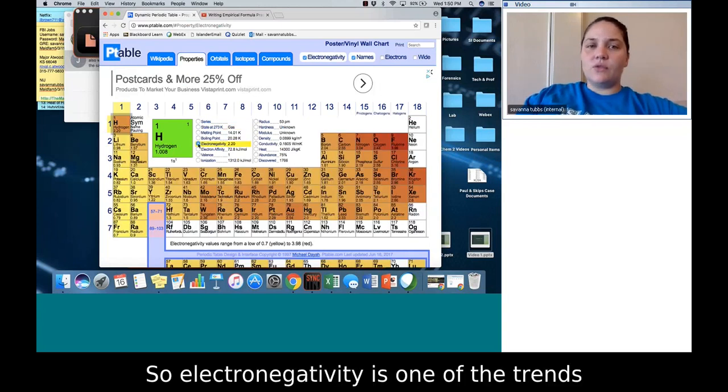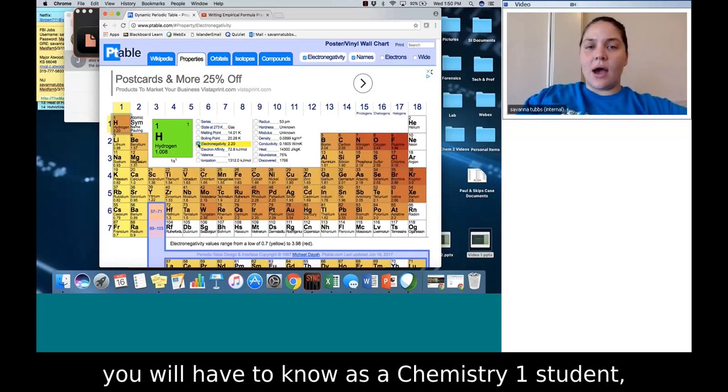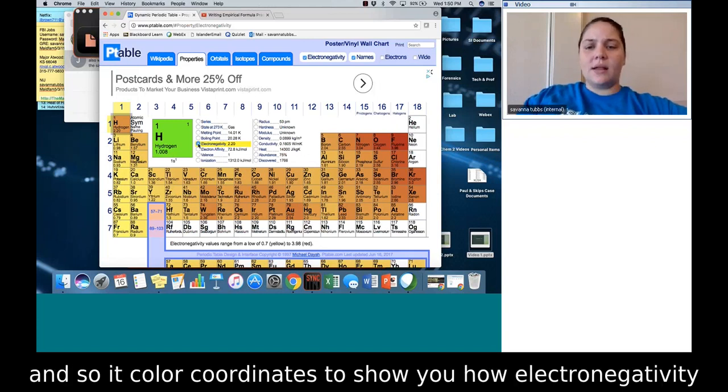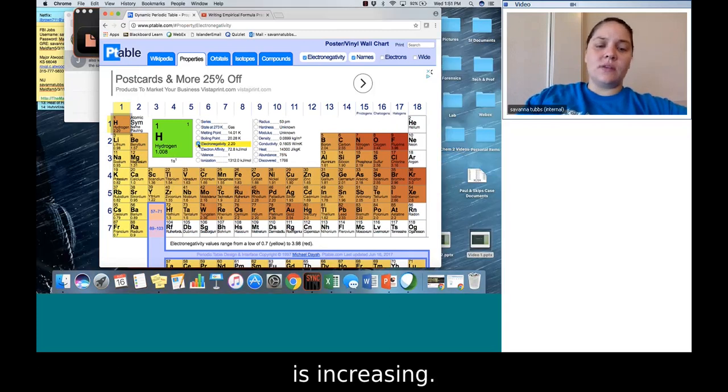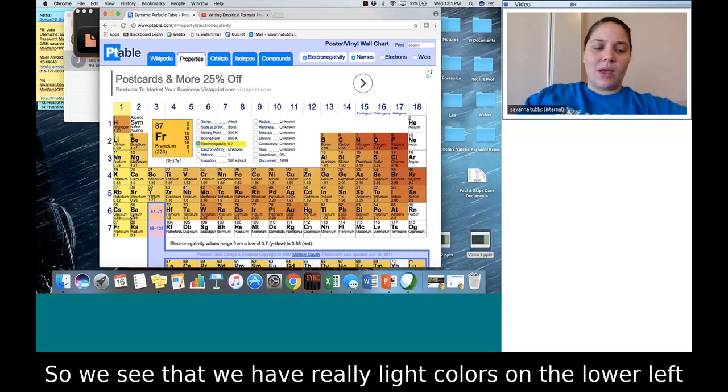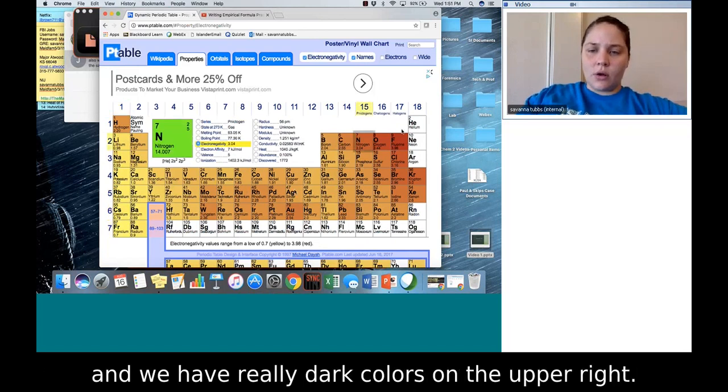Electronegativity is one of the trends you will have to know as a Chemistry 1 student. It color coordinates to show you how electronegativity is increasing. We see really light colors on the lower left and really dark colors on the upper right.